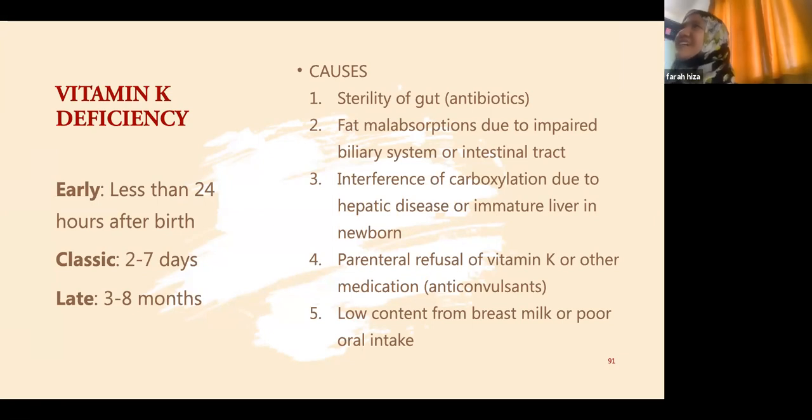However, according to UpToDate, even with exclusive breastfeeding, it's quite rare to have vitamin K deficiency bleeding. So sometimes there are other factors that play a part in the condition. Okay, and also poor oral intake of vitamin K. This involves more the maternal side, when the mother has a history of certain dietary habits. Okay, next.